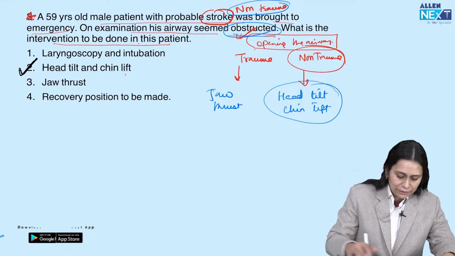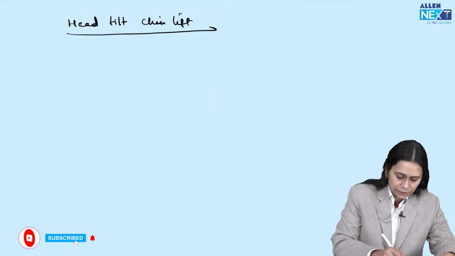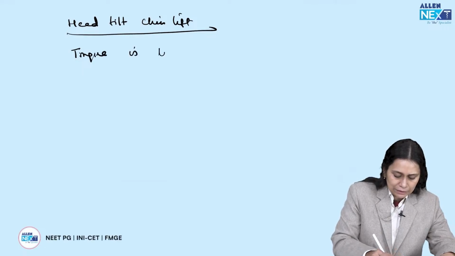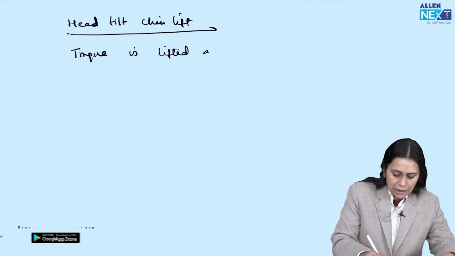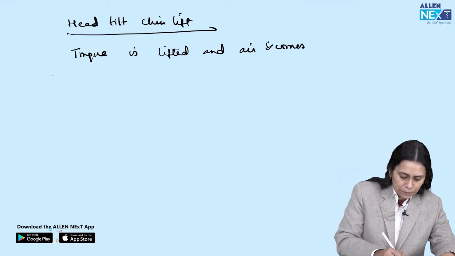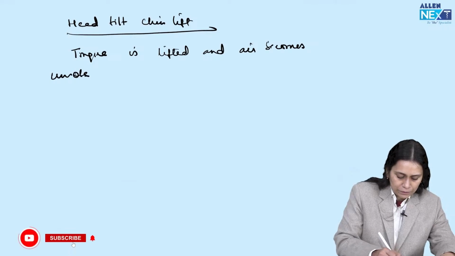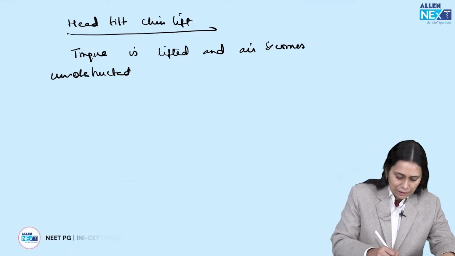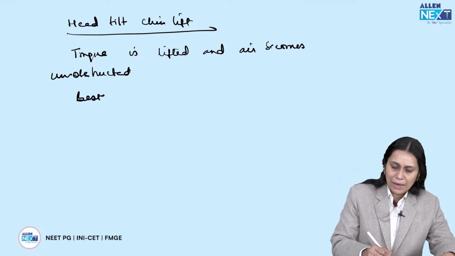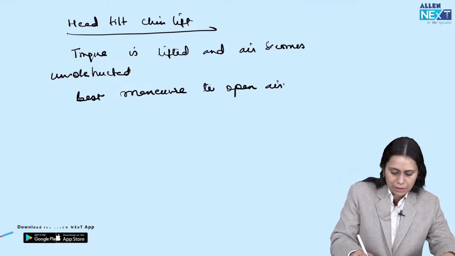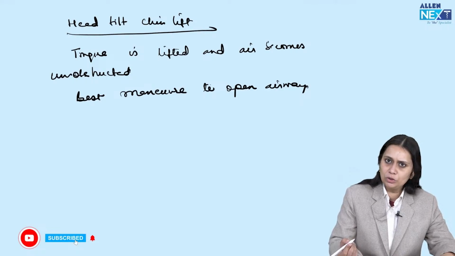In this maneuver, the tongue is lifted and the airway becomes unobstructed. So this is the purpose of doing this maneuver. Head tilt, chin lift is the best maneuver to open the airway.